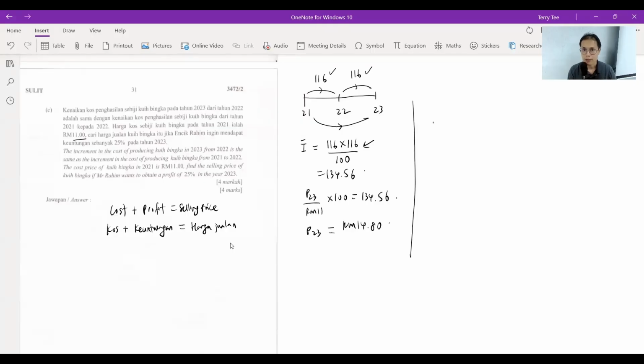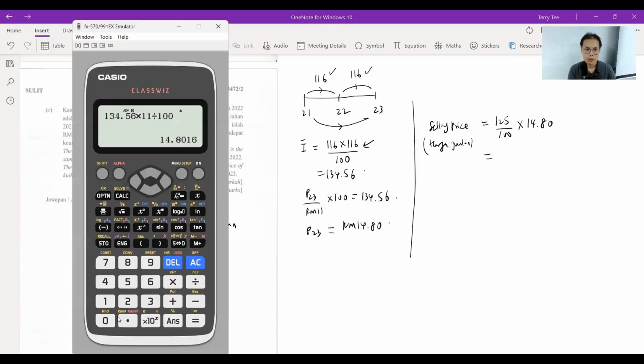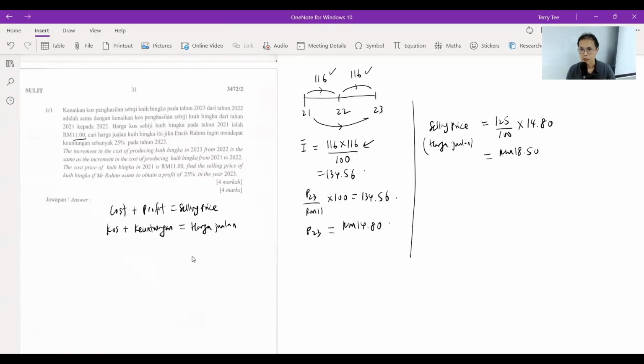So you take 100% plus 25%, that would be 125. You multiply with your cost in 2023, 14 ringgit 80 cents. So basically it's 1.25 times 14 ringgit 80 cents, you will get 18 ringgit 50 cents. 18 ringgit 50 cents. Okay.